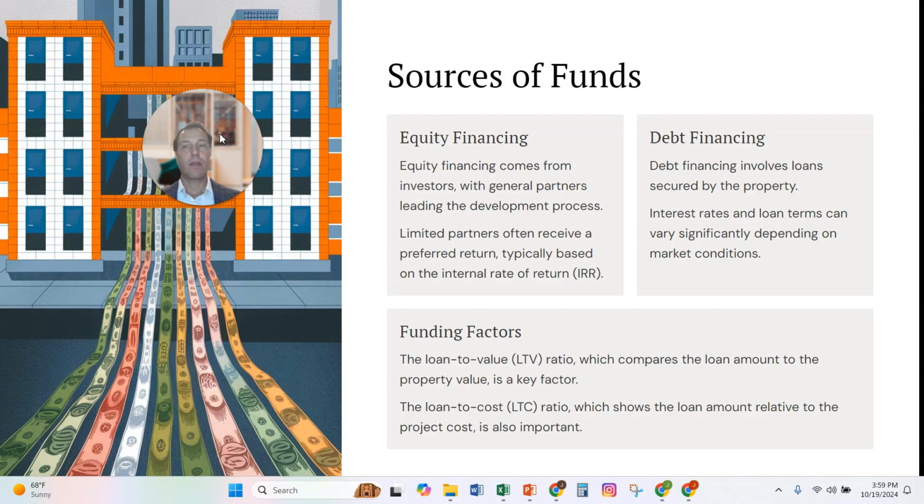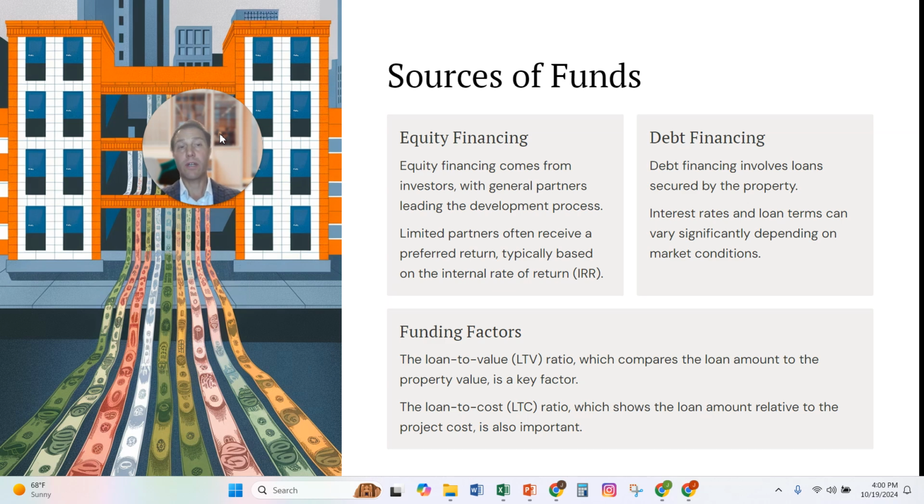Your debt financing is very similar to your home mortgage. You may have different levels of debt financing in a larger deal, from a senior loan to a mezzanine loan, but it's very similar where you have an interest rate, you have closing or origination costs, and you have certain metrics or return of that debt that you have to provide at the end of its term.